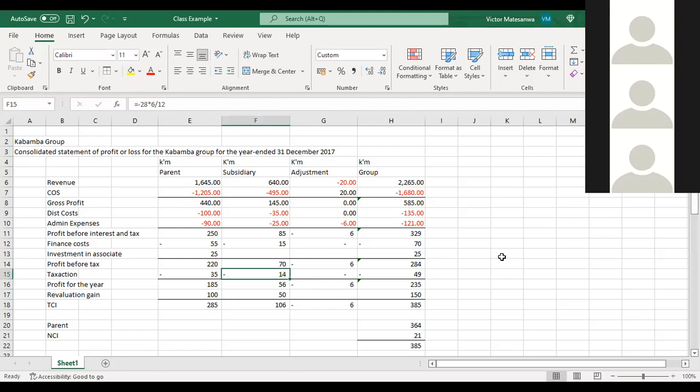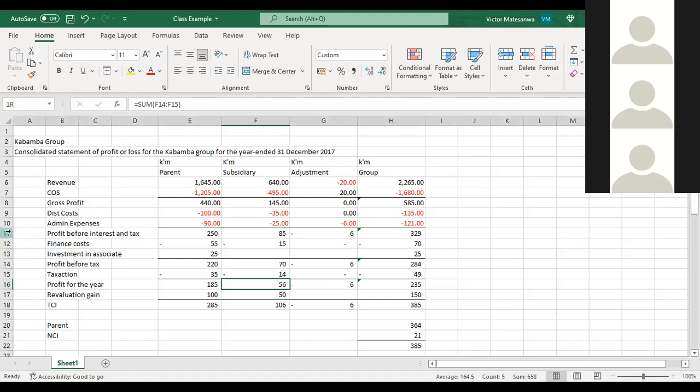There's something that you haven't adjusted nicely. That's the 6 from the impairment. You see it in line 10. As much as we know that impairment is supposed to be absorbed in the admin expenses, maybe we could have created a row just below the admin expenses, which would have been called impairment.